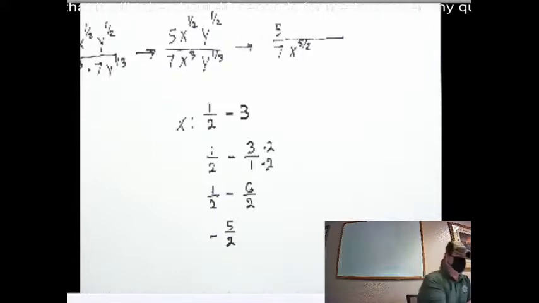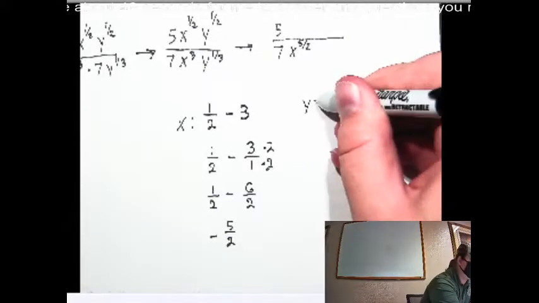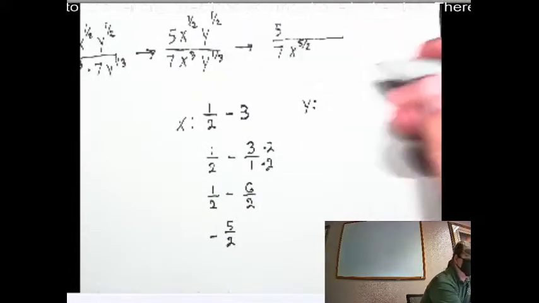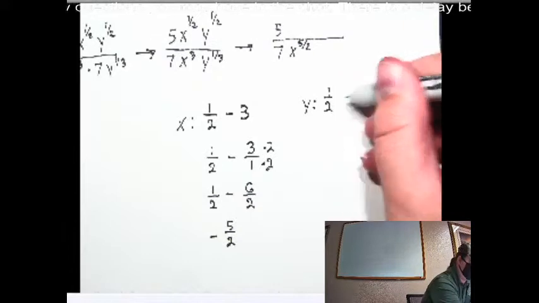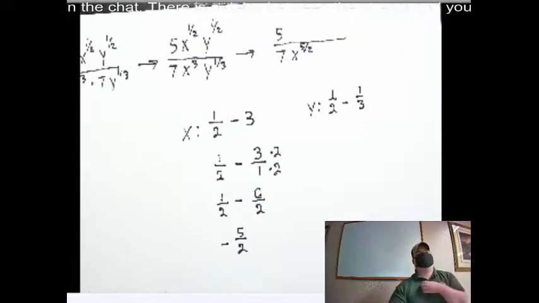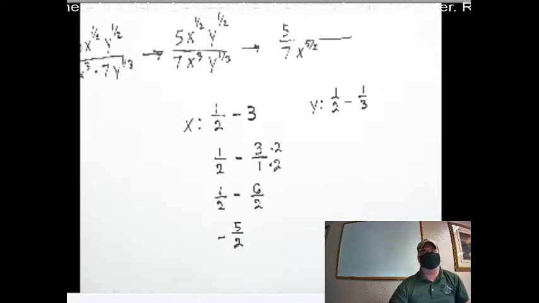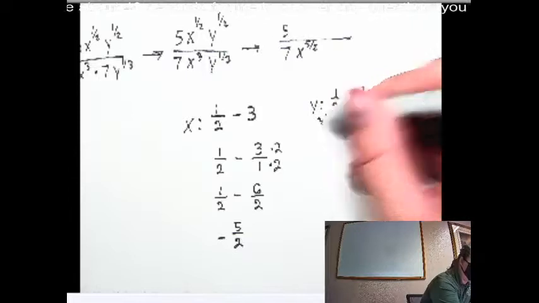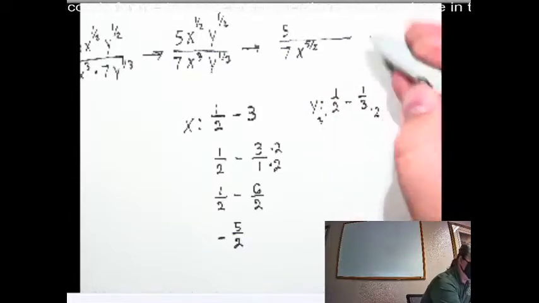All right, let's tackle y. We have 1/2 minus 1/3. Okay, so once again, what do we need to be able to subtract these? Common denominators. So we have 2 and 3. What can we multiply both of them up to be? 6. So we'll multiply 2 by 3 and 3 by 2.